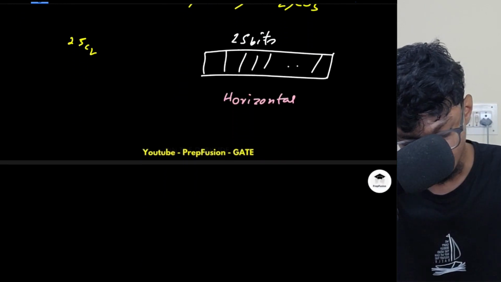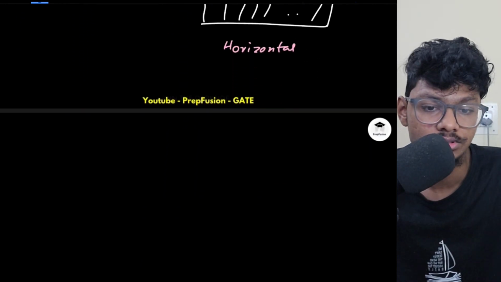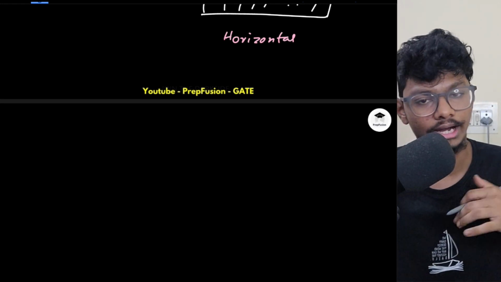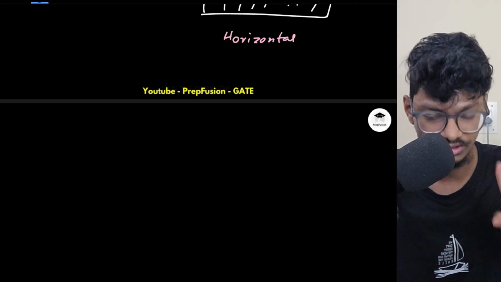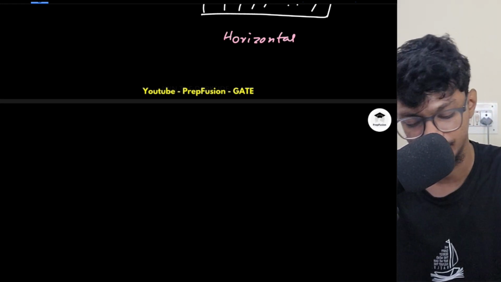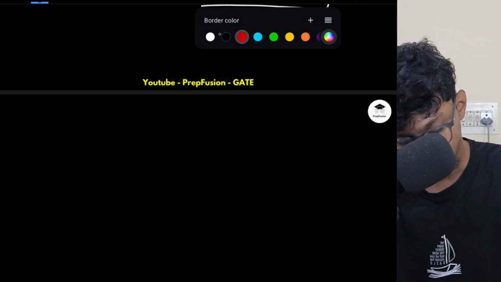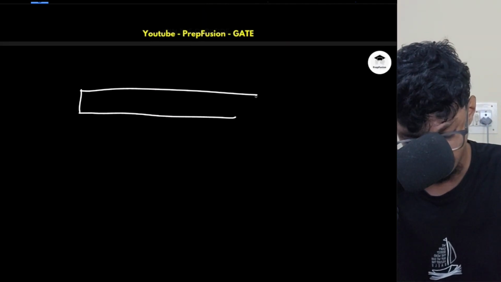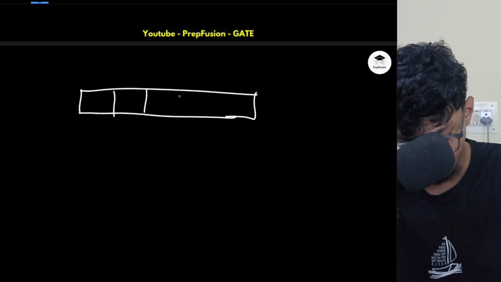Now what if I choose vertical? Thinking this for the first time will be difficult. I also wasn't able to figure it out the first time. So in vertical, your first thought process will be to just add them as groups.